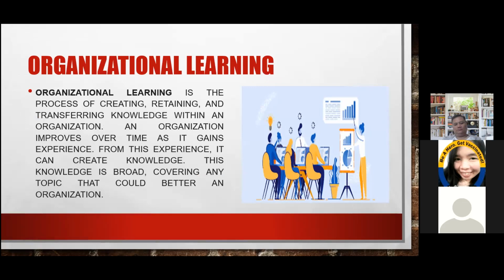This knowledge is broad, covering any topic that would better an organization. Examples may include ways to increase production efficiency or to develop beneficial investor relations. Knowledge is created at four different units. It can be individual, group, organizational, and inter-organizational.